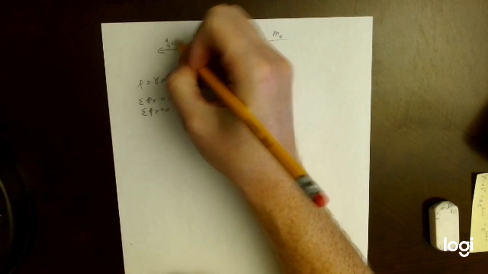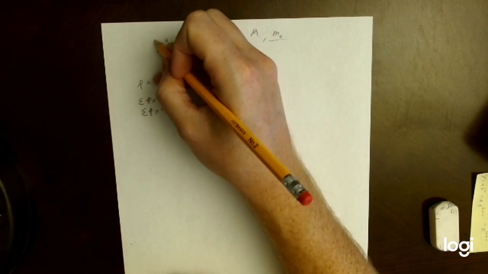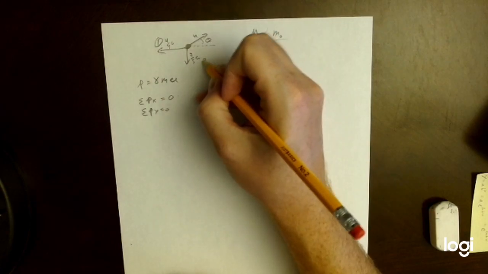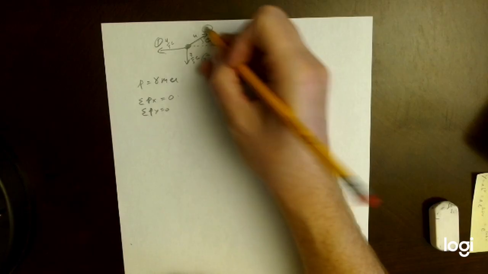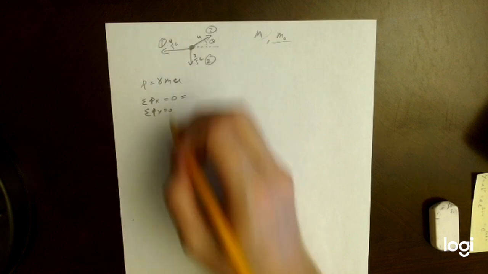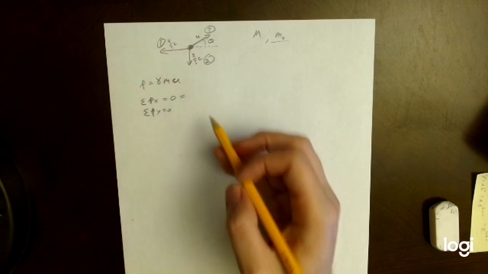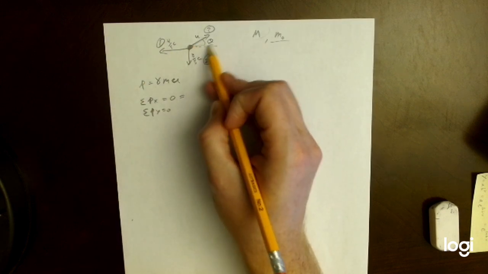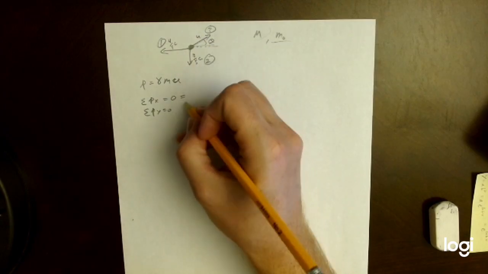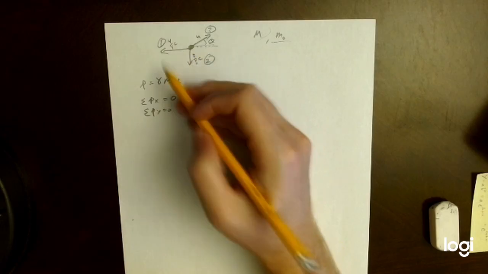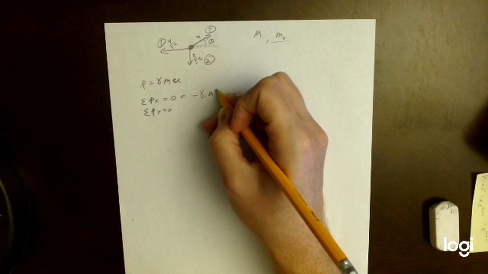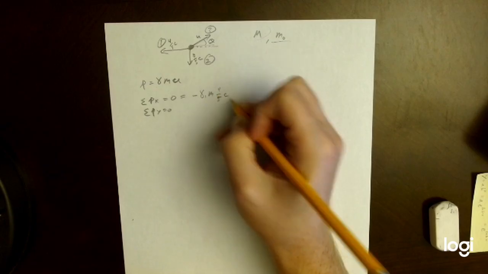I'm going to call this particle here particle 1, this one here particle 2, and this one here particle 3, just so I can denote them. So in the x direction, we've got particle 1 carrying all this momentum away to the left. That has to be balanced by a component of the momentum here from particle 3. So this is going to be minus, because it's going in the minus x direction, gamma 1 m times u, which is 4/5 c.